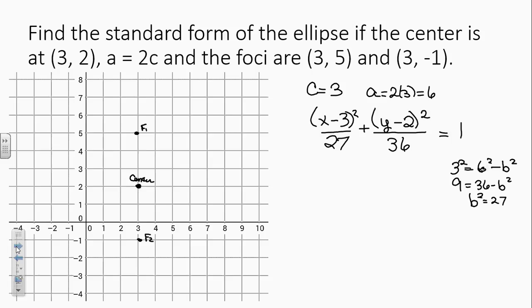And so if we wanted to, that's about a little over 5, right? So we would go a little bit more than 5 to the right and to the left from our center. And we're going 6 up and down. And then we sketch our ellipse.